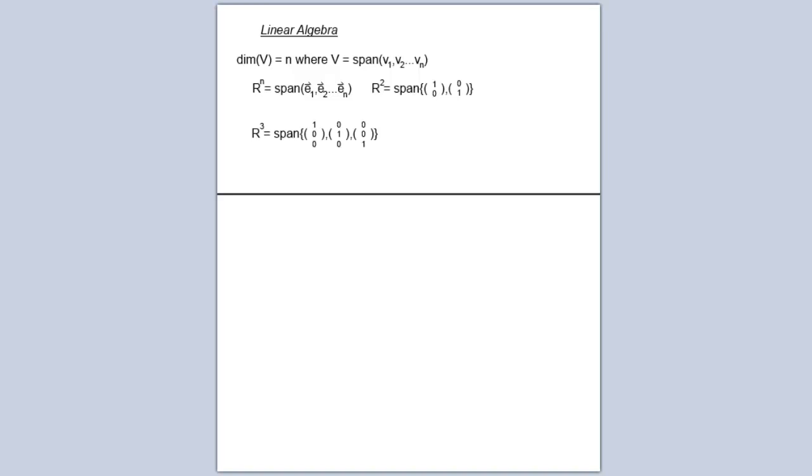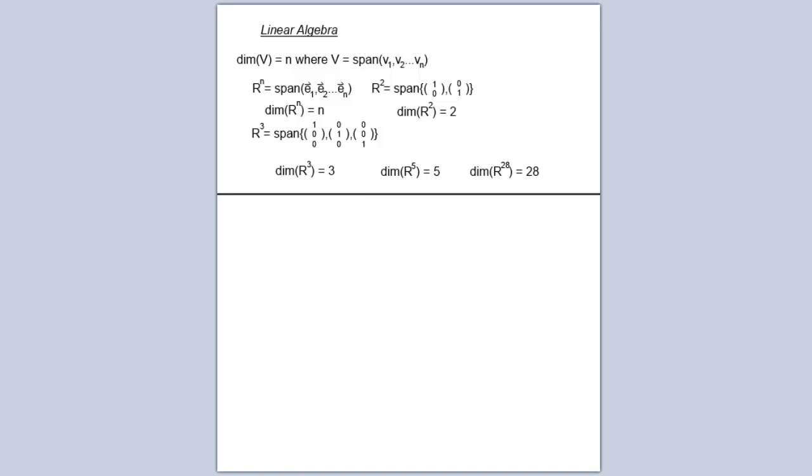R3 is equal to E1, E2, and E3 for n equals 3. And you can extend this to R5, R28, and so on. It quickly becomes apparent that Rn is n-dimensional, given by the dimension of Rn is equal to n, or dim Rn is equal to n.